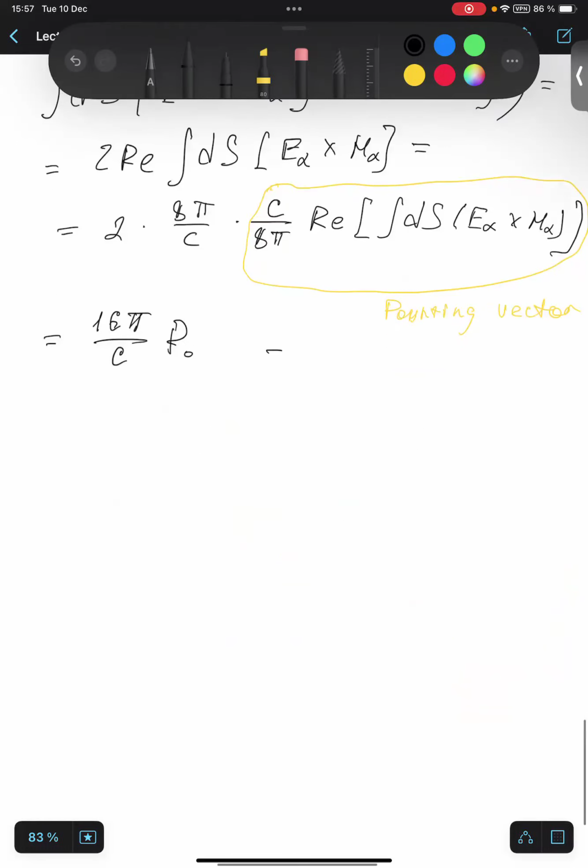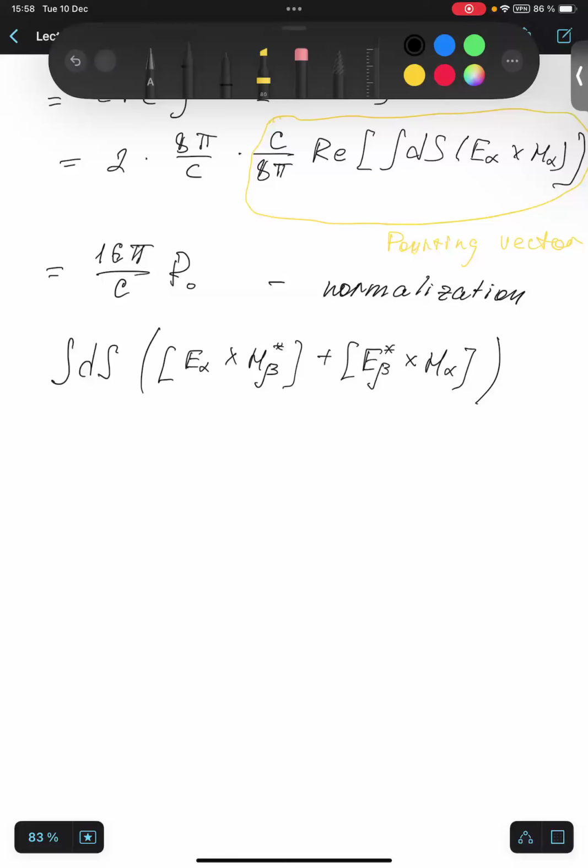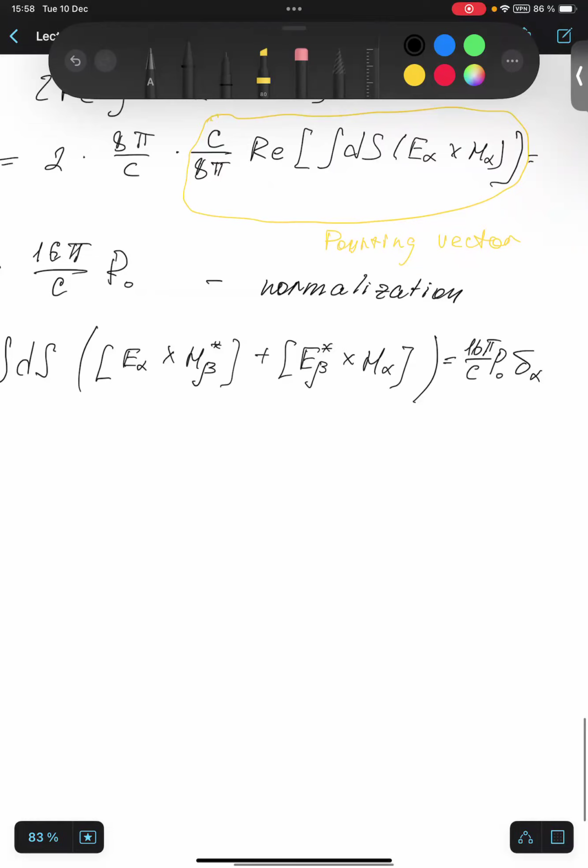This is normalization. So it means that we can write it as E alpha H beta conjugated times 16 pi over c P0 and delta alpha beta.